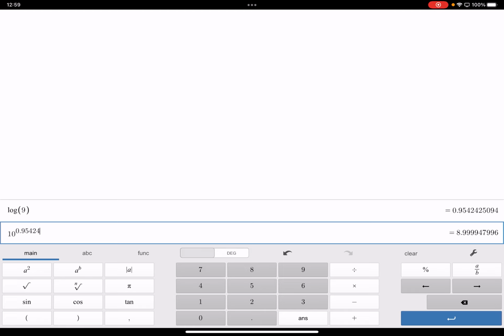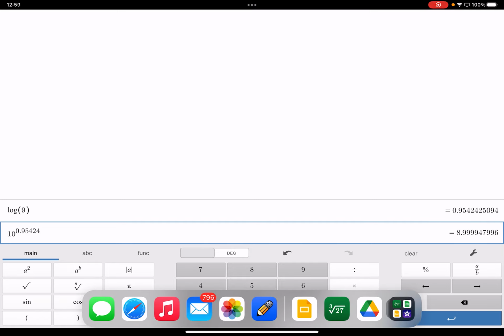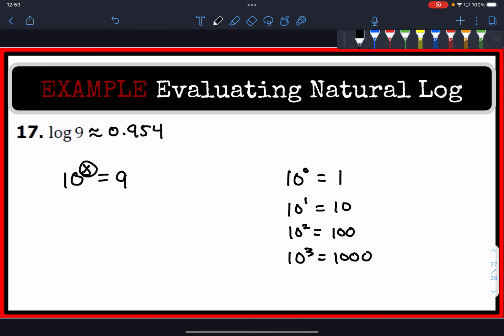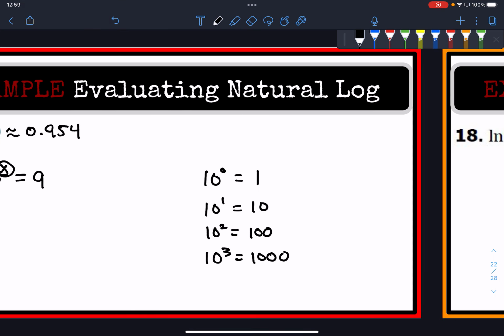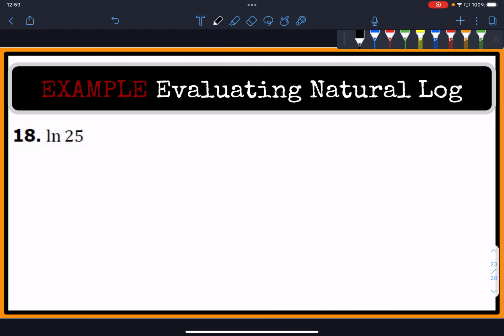So here we would have to use our calculator in order to estimate this value, because using exponents is not going to work. And with natural logs, you definitely need to use a calculator to evaluate this function, because this is the log base e of 25, and we want to know what it equals.